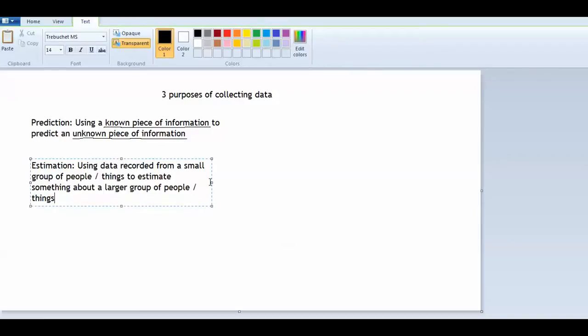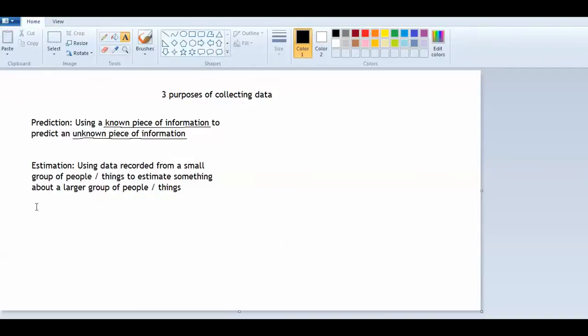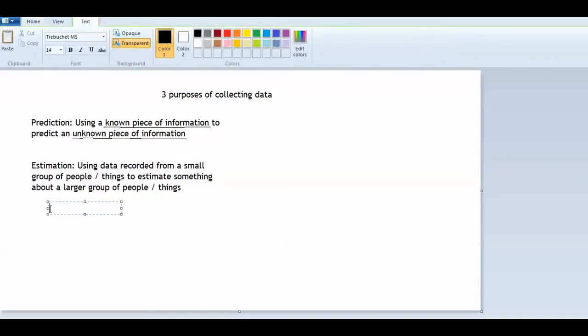It might help if I give a couple of specific examples of estimation. One example is estimating the mean, which is the average. In this class, we'll talk about how a mean is an average, of a large group of people.